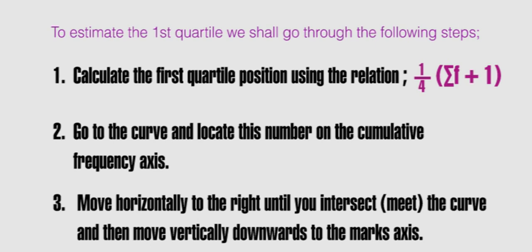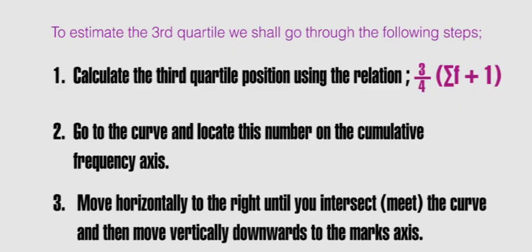Record this mark as your first quartile. So this is the step that we need to take before calculating the first quartile. Now, Mr. Esiedu, if I got you right, in calculating the first quartile, you divide the total frequency plus 1 by 4, and that gives the position.